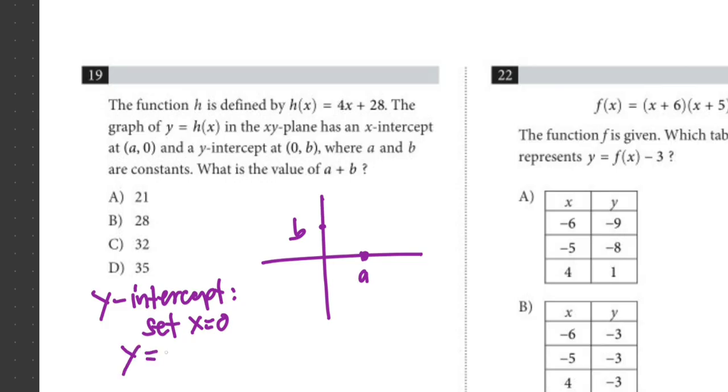So our function is y equals 4x plus 28, and we're given the y-intercept (0, b). So b equals 4 times 0 plus 28. Therefore, the y-intercept is (0, 28). It's 28, right?